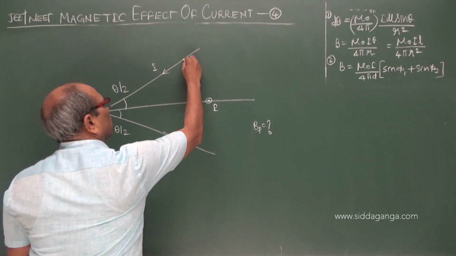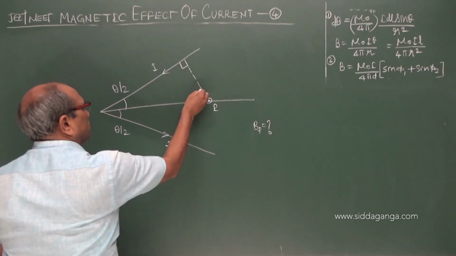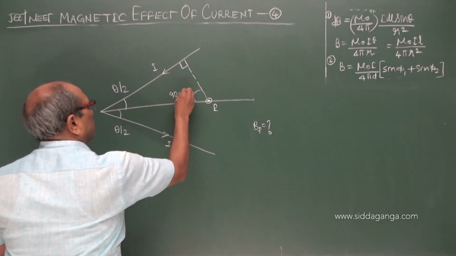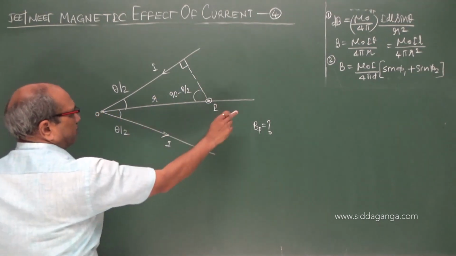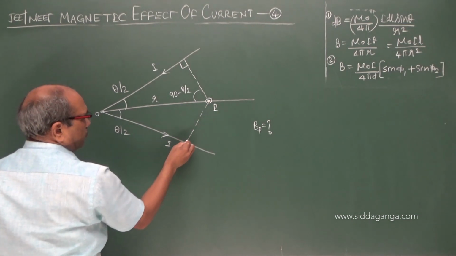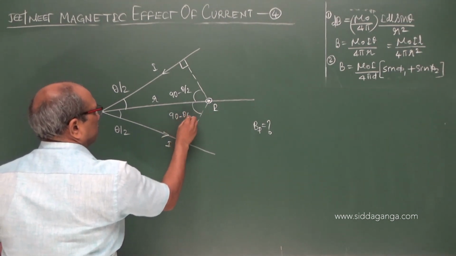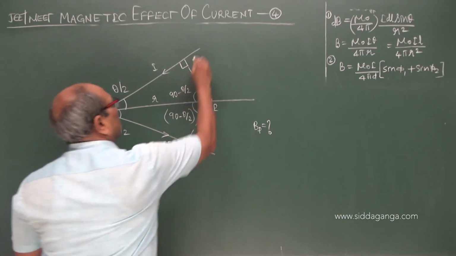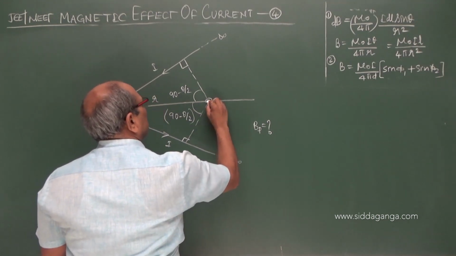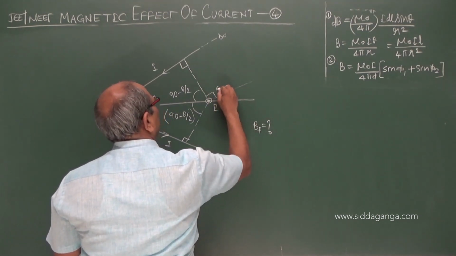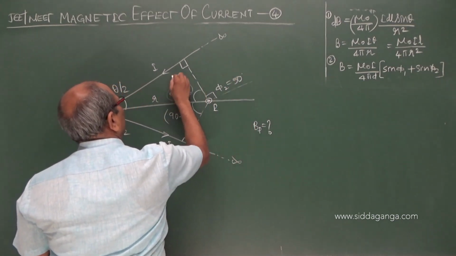To find P you have to drop the normal from the point here, so that this becomes 90 minus theta by 2, and this distance may be r from O to P. Similarly to the normal, both are identical in respect of angles, and as it is tending to infinity, here also infinity, this angle, if I plot it, phi 2 becomes 90 and this becomes phi 1.